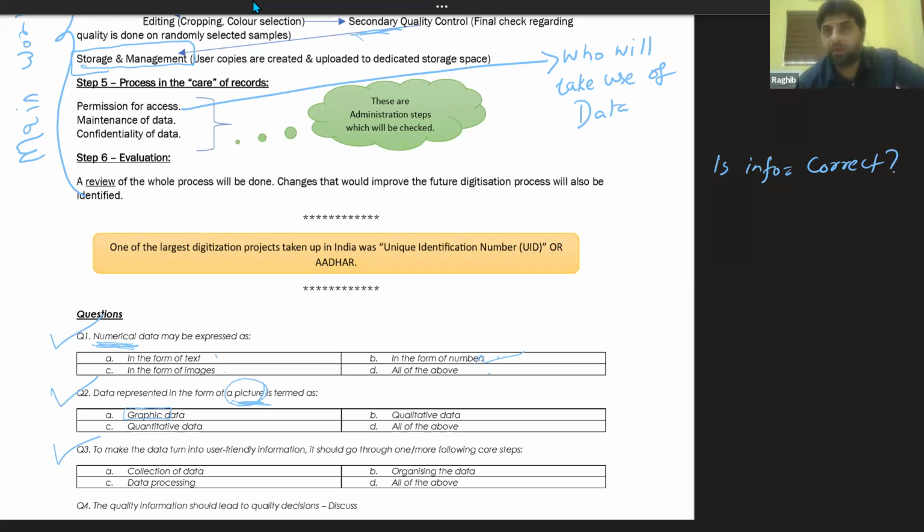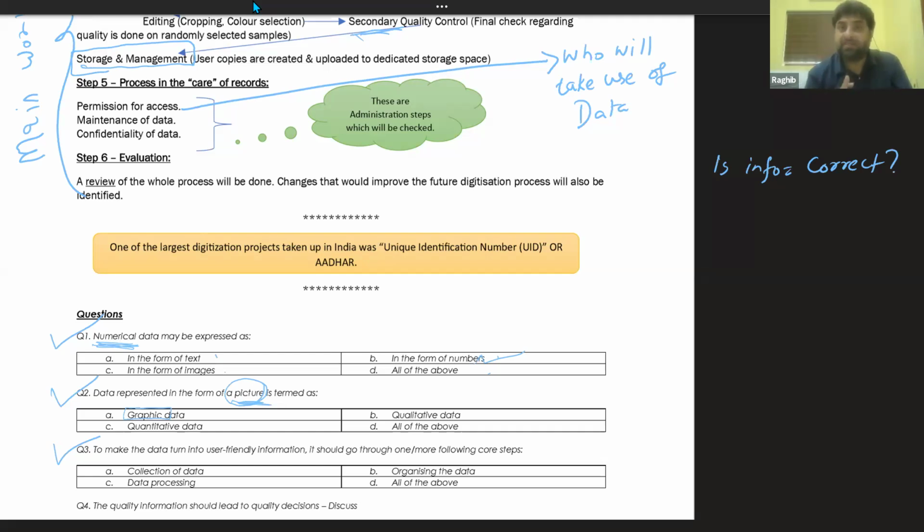How can we find the answers to it, so that the same mistake does not happen again, so that the same damage does not happen again? This is the evaluation. What went wrong? How can we correct it? Evaluation, examination, checking, that is it.